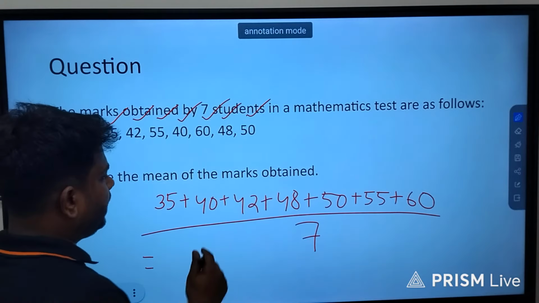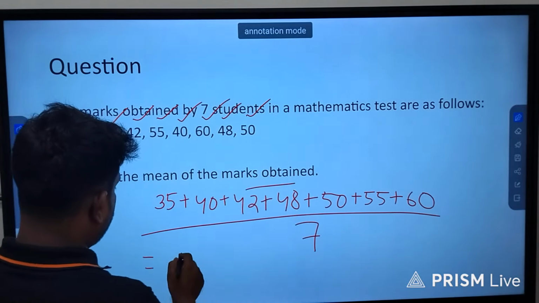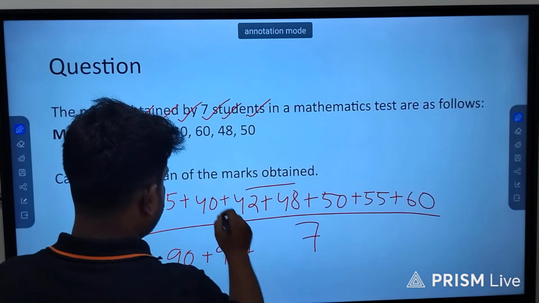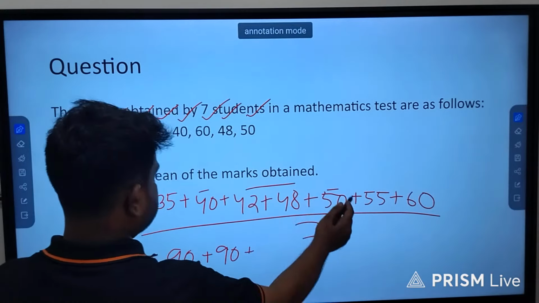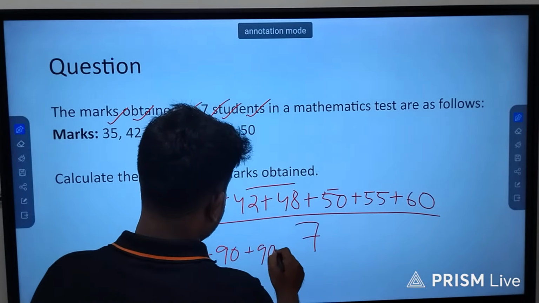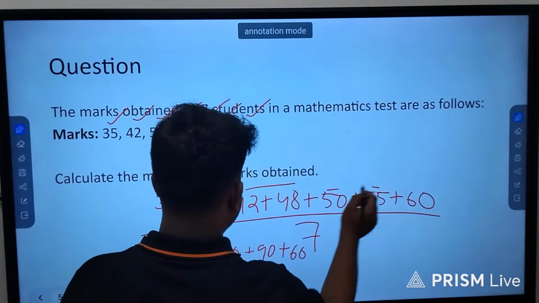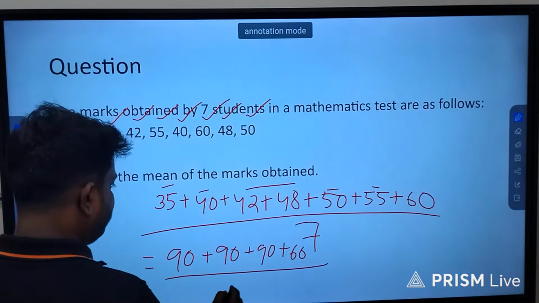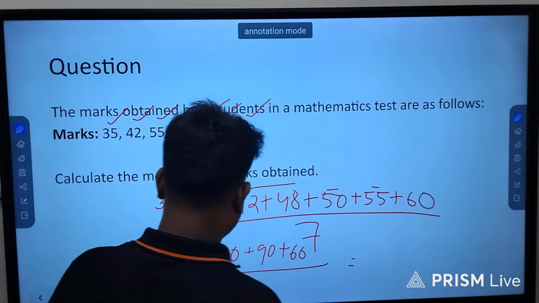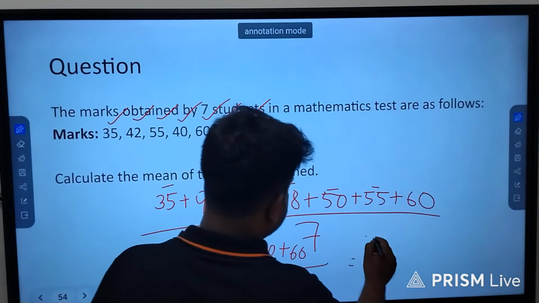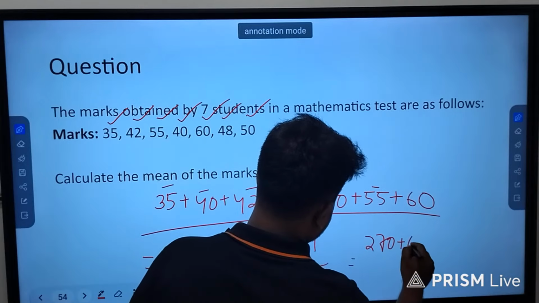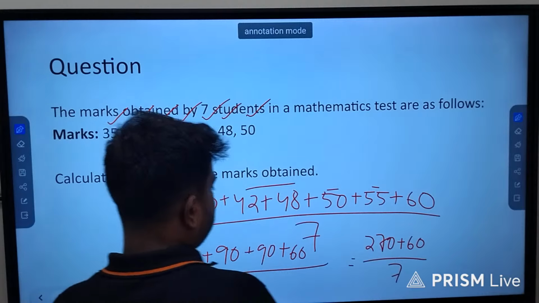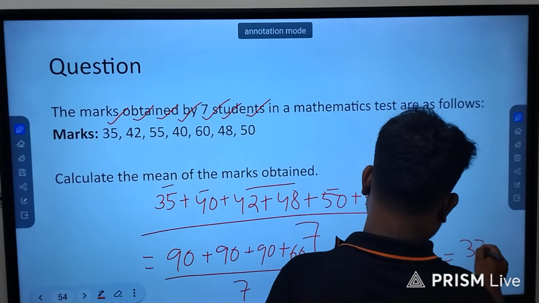If we pair them up, it will be 90 plus 90 plus 90 plus 60. This is the simplest method by which you can add them. So we will have 270 plus 60, that is 330, divided by 7.